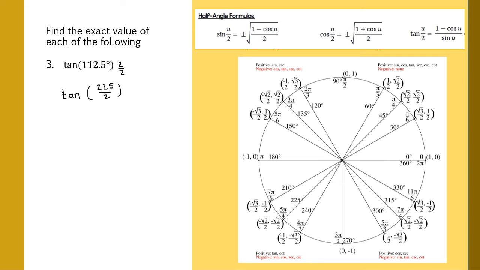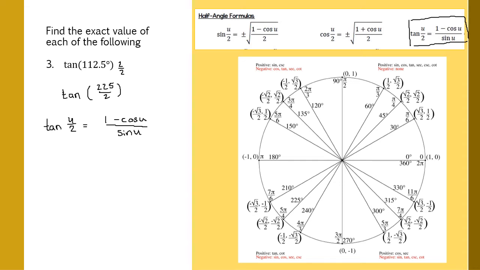So because this 112.5 can be written as half of 225, we can use the half angle identity, this time for tangent. So tangent of u over 2 is equal to 1 minus the cosine of u divided by the sine of u.